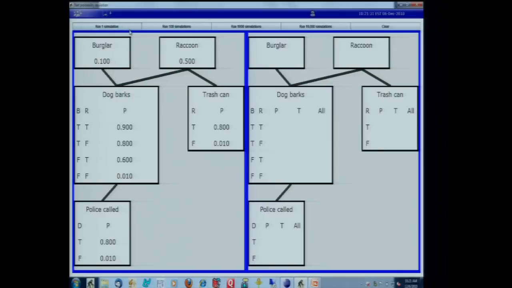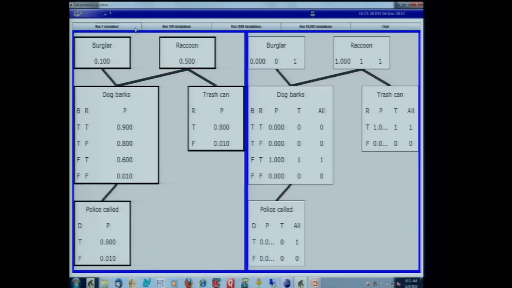I happen to be using a process for which the model on the left is a correct reflection. So there's one simulation. The dog barking, let's see, the burglar is false, the raccoon is true. I get one tick mark, so the probability there is 1. Of course, I'm not going to just go with 1. I'm going to put a whole bunch of stuff in there, so I'll just run a bunch more simulations.